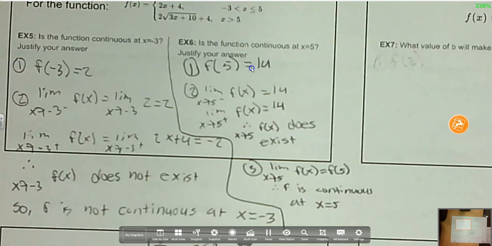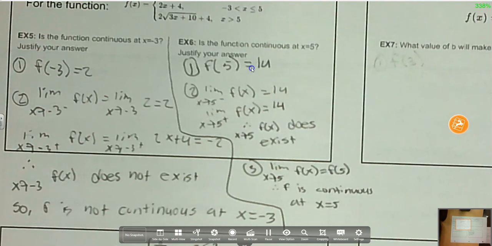So I personally, as your math teacher, would like to see you either show 2 times 5 plus 4, so I know that you plugged it into that one, or write a step where you're doing the limit of 2x plus 4 and then say that it equals 14, so I know you've chosen the right equation. And then you're saying that the limit equals f of 5 and therefore f is continuous. So I think it would squeak by, but I would probably prefer to see a little bit more work right here.